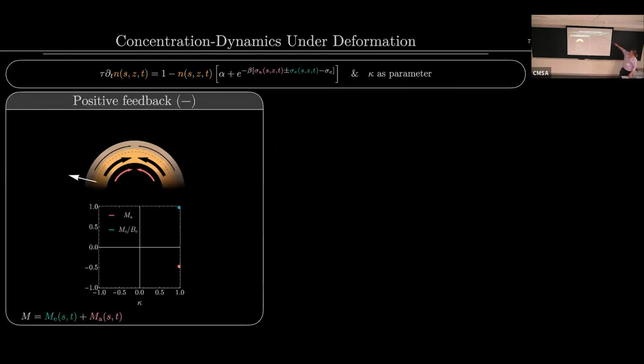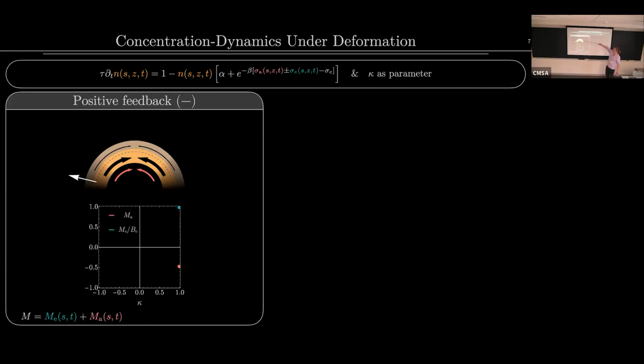Okay, so to understand what happens, we can for now just look at a ring with this concentration equation, maybe to answer your question as well, and just treat the curvature as a parameter. So we just take the ring and we deform it by hand, and we don't let the ring deform on its own. So if we start with some initial condition, then we can compute the active moment and the elastic moment over time.